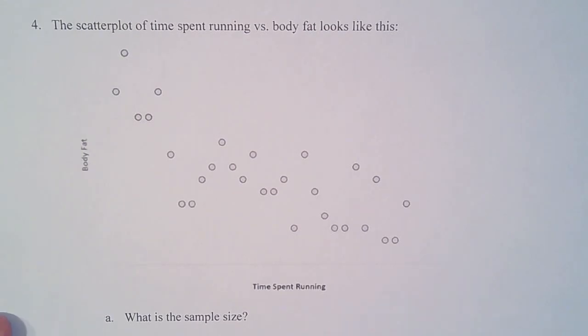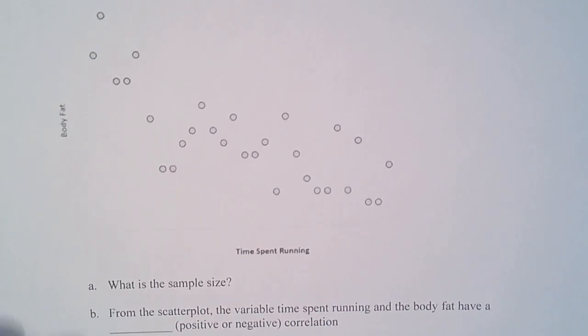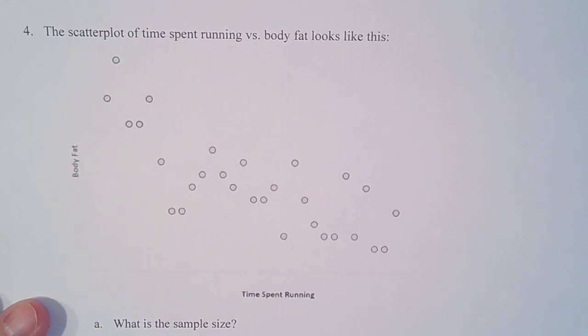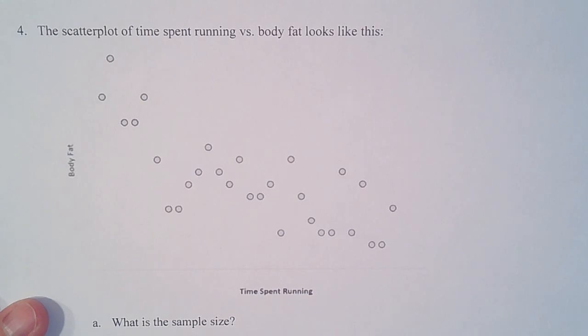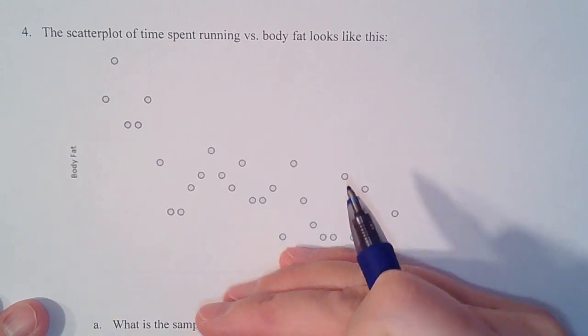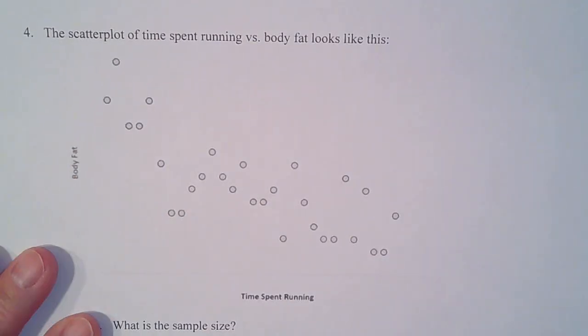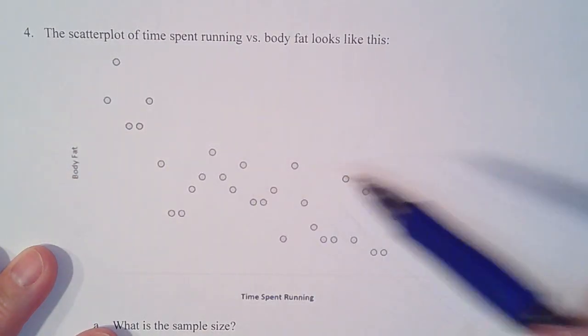All right, now let me ask you this question. What is the sample size? Do you remember each circle represents one sample? It's paired data. The paired data is how long you spent running and how much is your body fat. Therefore, we only need to count how many circles are there.